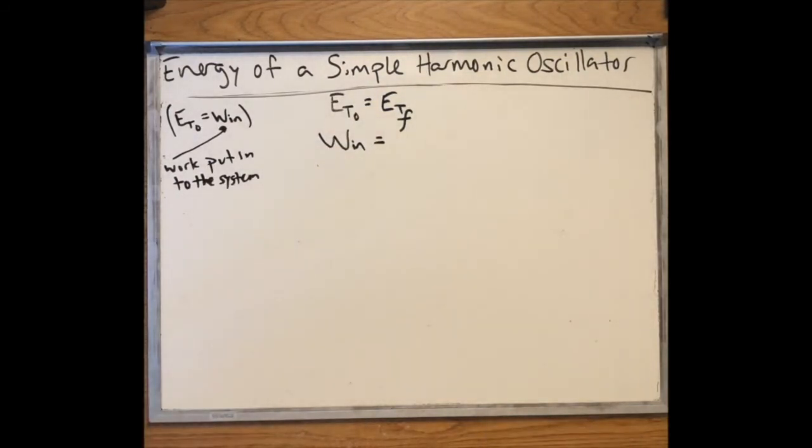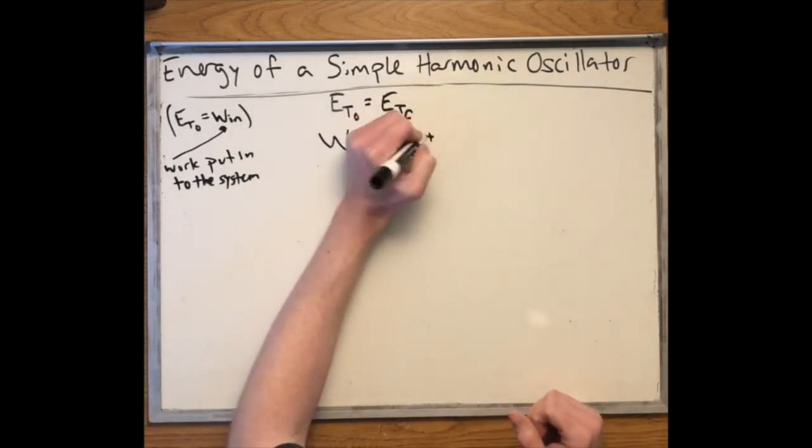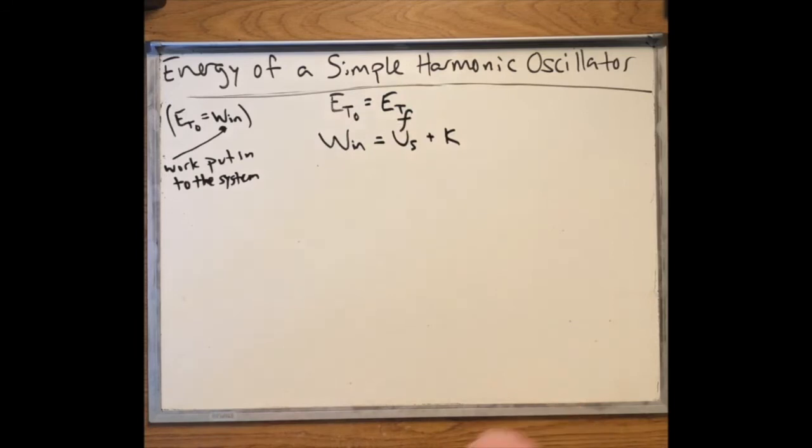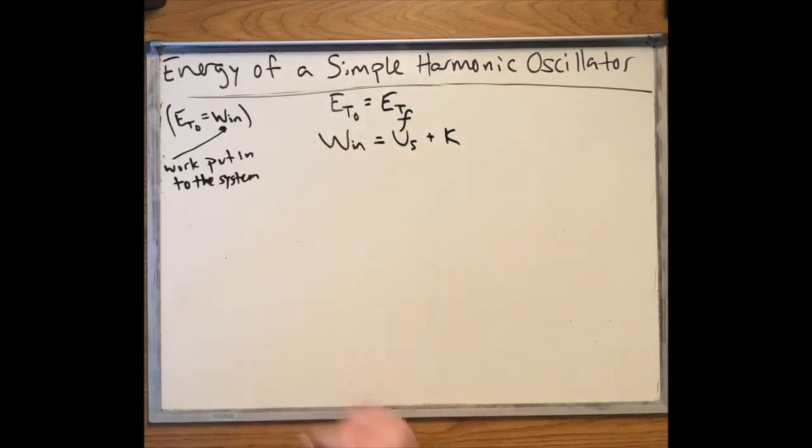And as we said, once the block is released, that initial energy is just going to cycle back and forth between elastic potential energy and kinetic energy. And that's the basic statement of conservation of energy for this kind of problem.